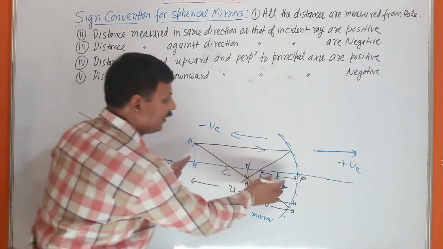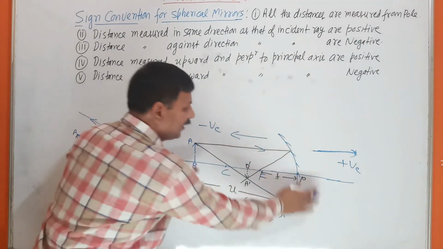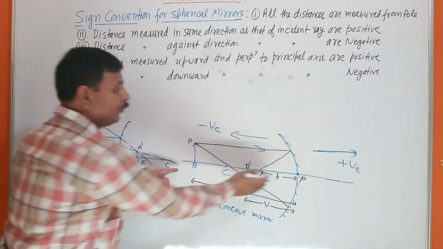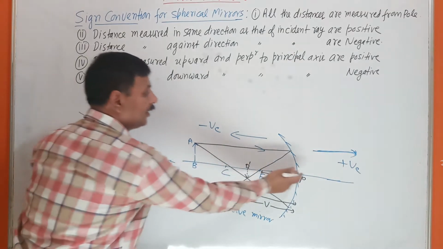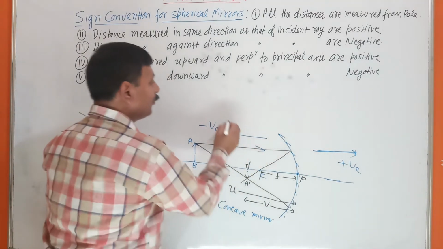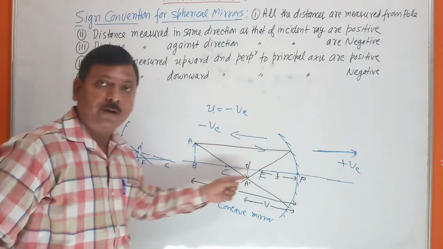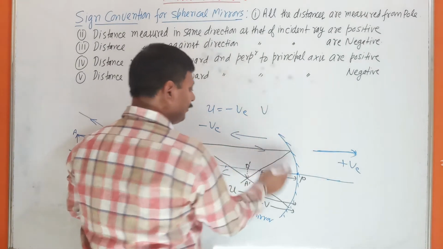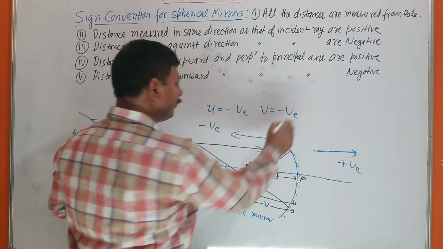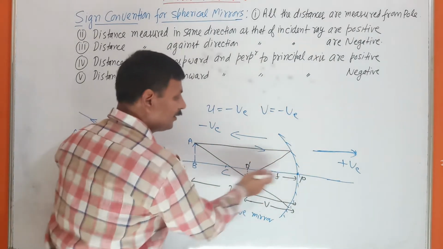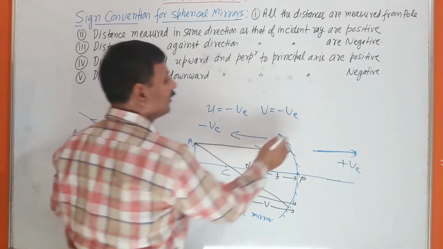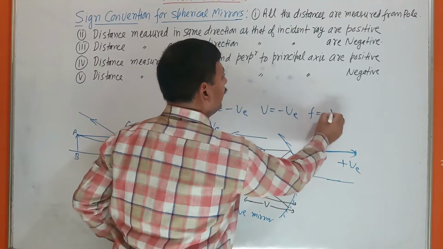You can see here, in this figure, the object distance u we are taking on the left hand side, so you have to take negative. The image is formed on the left hand side, so in this figure v is also negative, and the focal length is also lying on the left hand side, so this is also negative.